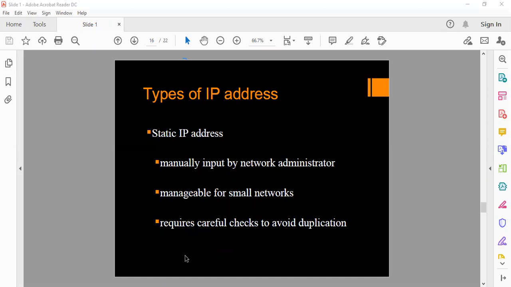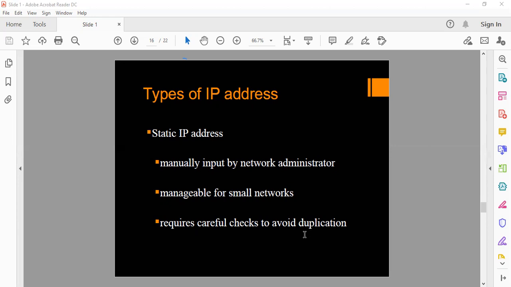And as I already said, static assignment requires careful assignment of IP addresses. The major drawback is that maybe you assign a duplicate IP address and don't remember it.